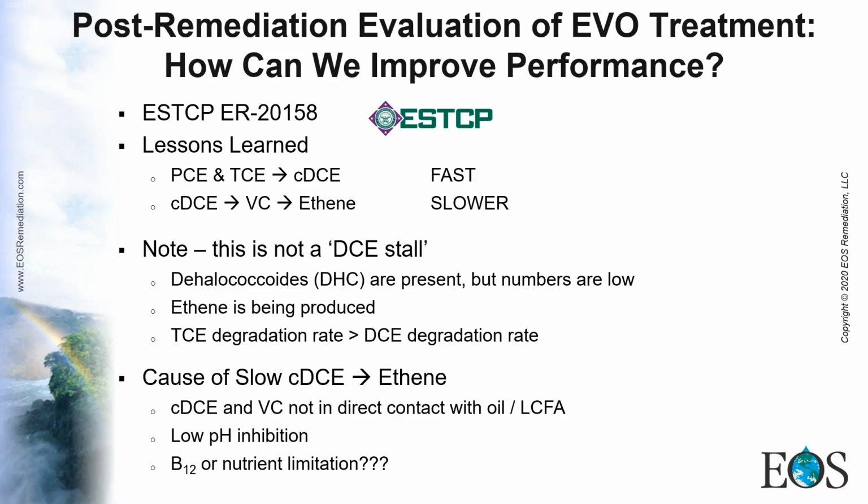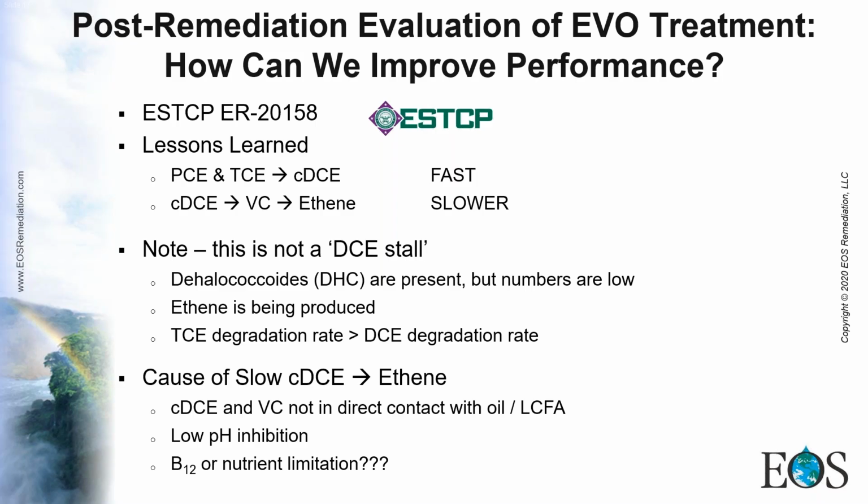We went back and looked at several sites that had previously been treated with EVO, and things were degrading, but they weren't quite going as fast as we hoped. What we saw was that PCE and TCE were very rapidly converted to DCE.